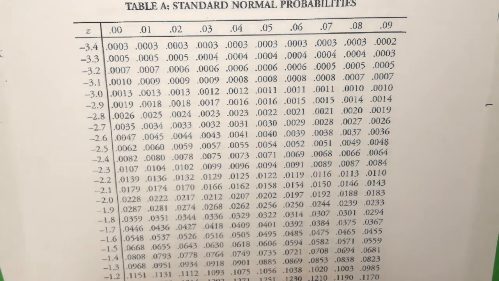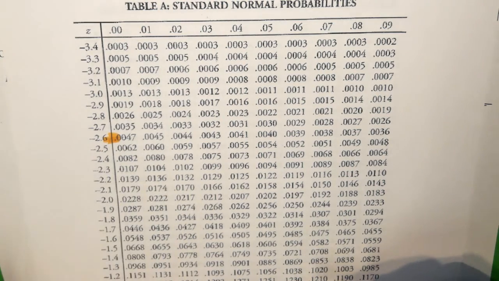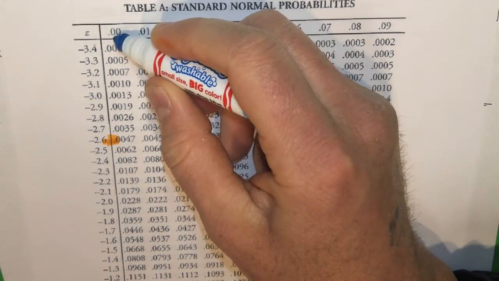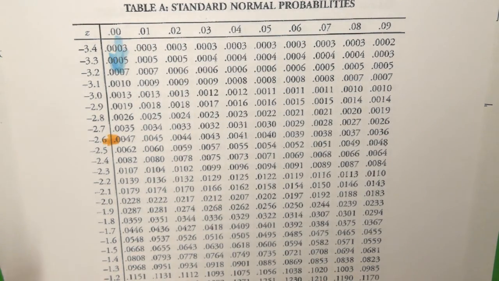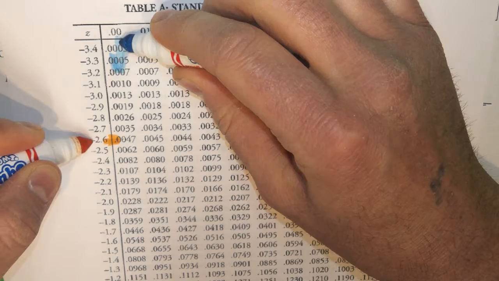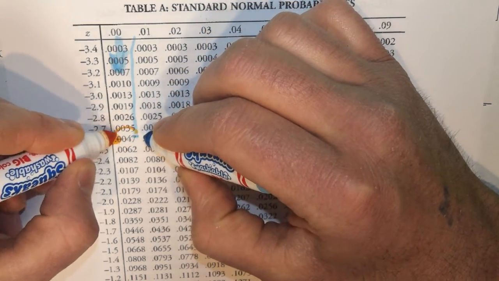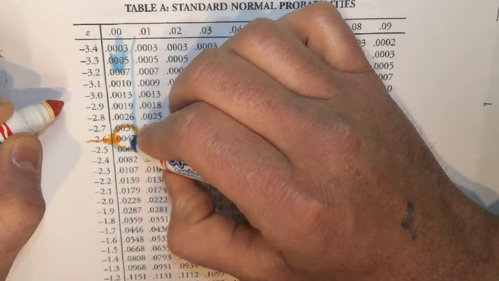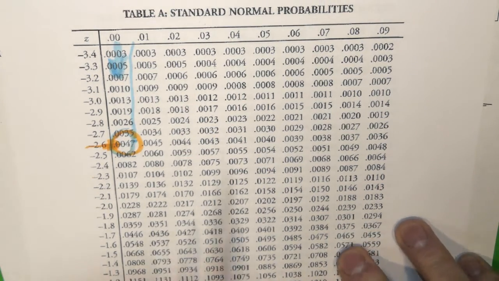I want you to come across from the negative 2.6 that we talked about earlier, and then I want you to come down from the 0 that we just got done talking about. When you come across and down at the same time, you end up at the perfect final answer. And that perfect final answer is going to be 0.0047. That is the answer that we are after.